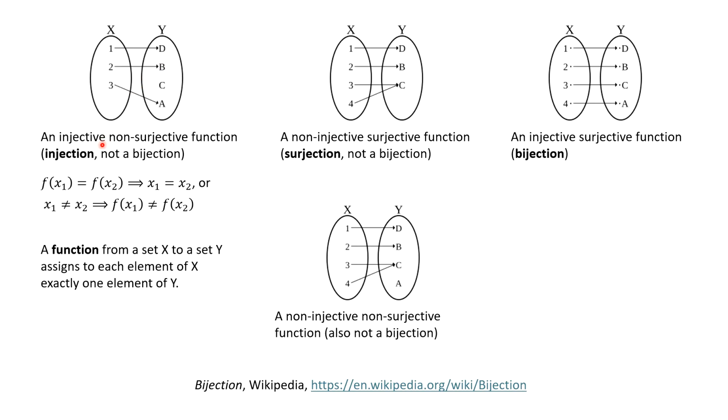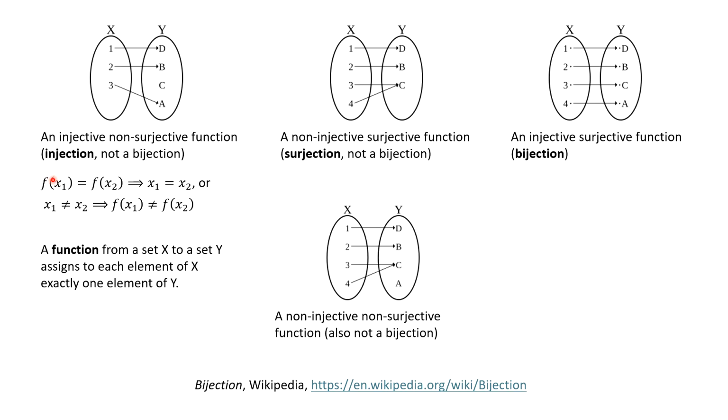We have an injection, but it's not surjective. Each element of X is mapped to one element of Y, and it's an injection for that reason, but the element C in Y has nothing mapped to it from X, so it's not a surjection or onto. So this is an example of an injection that's not a bijection.